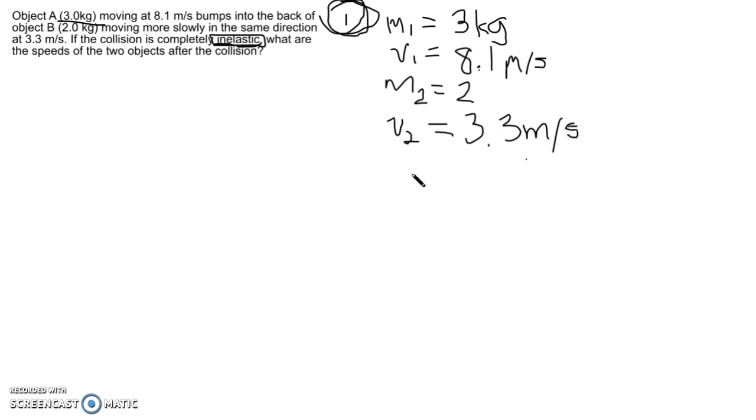You might be wondering why this is the case. Well, first of all, let's draw our diagram. We have one object moving in this direction, and another object also moving in that direction. Different masses, different velocities. However, the velocities are in the same direction, and since it's an inelastic collision, these objects combine.